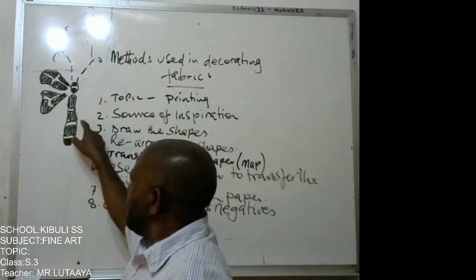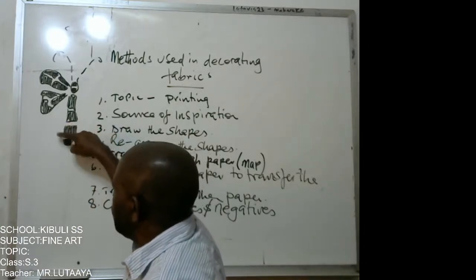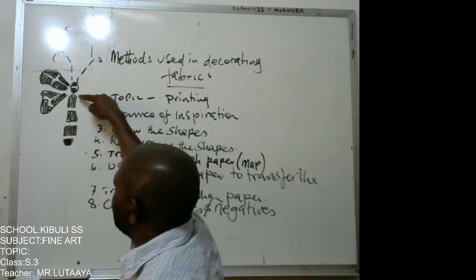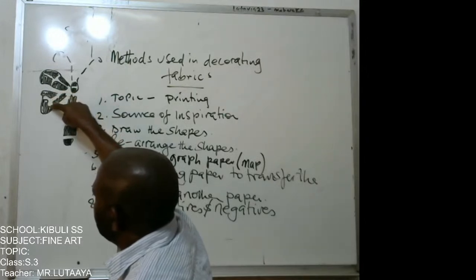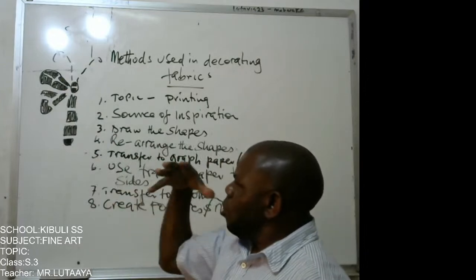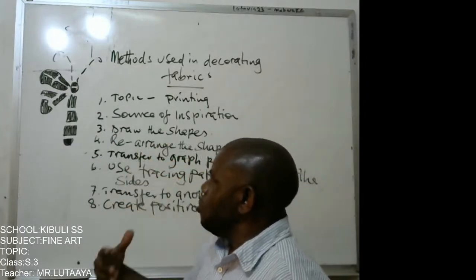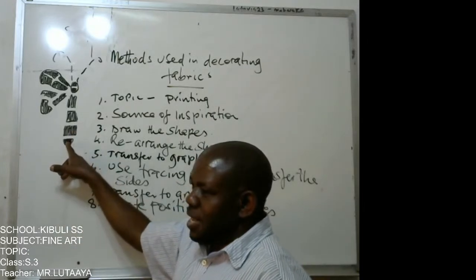Where we have not shaded, we are not going to cut those areas. That's why we have segmented. We are going to only remove the shaded areas. So these are the positive areas. Now take a note.